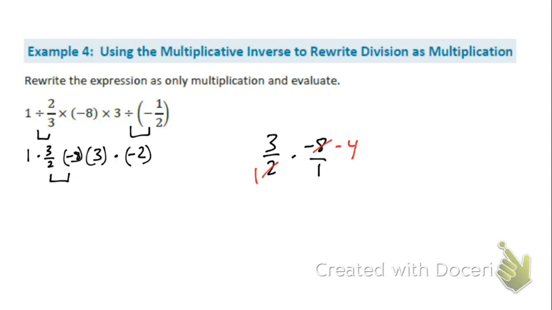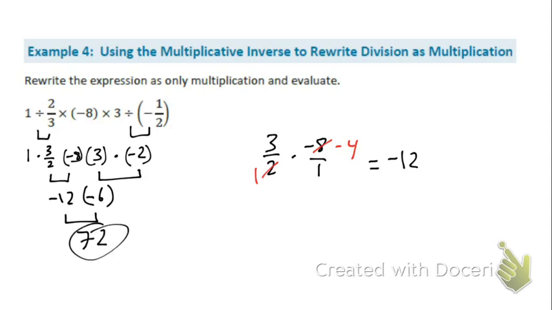And we'll get negative 12 as our answer there. So negative 12, 3 times negative 2 is negative 6. And negative 6 times negative 12 is positive 72.